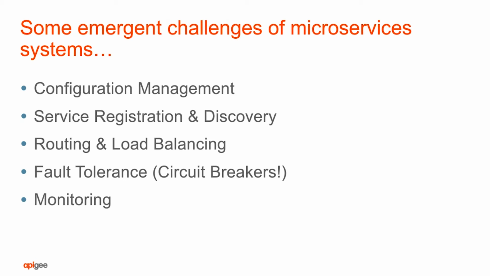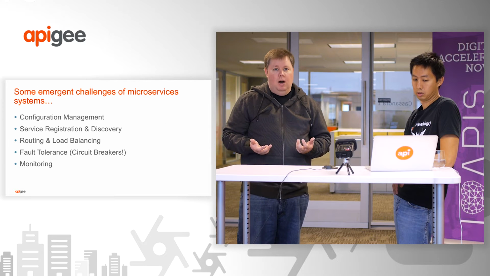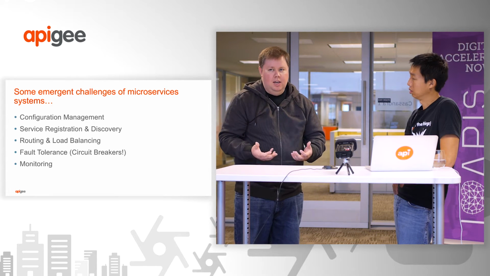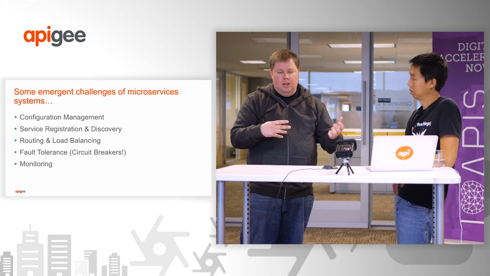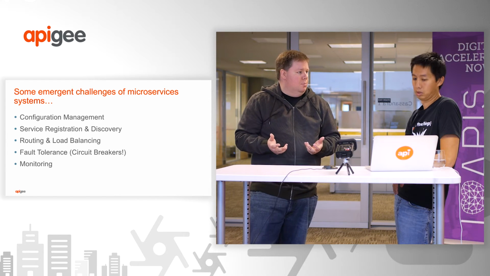And as I scale up, there's the problem of what is the address of the thing that I need to talk to? How do I get that information? Do I hard code it in the application? Do I somehow set up DNS? What do I do to solve that problem?